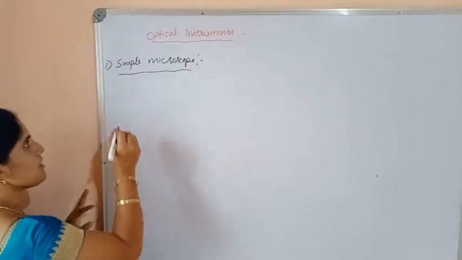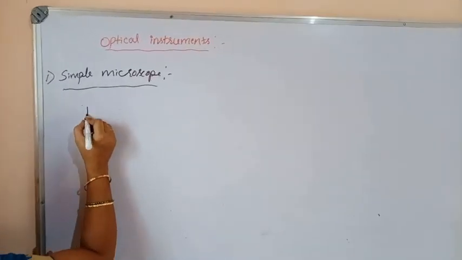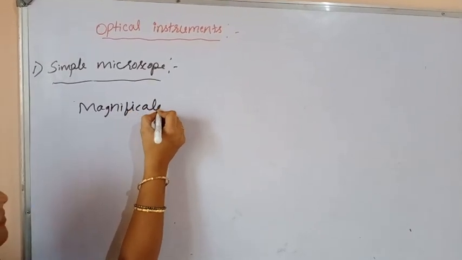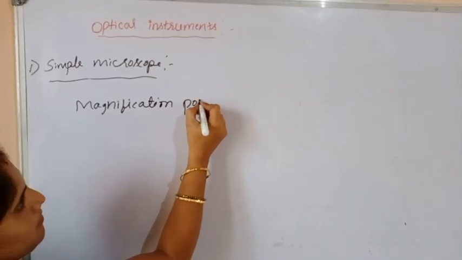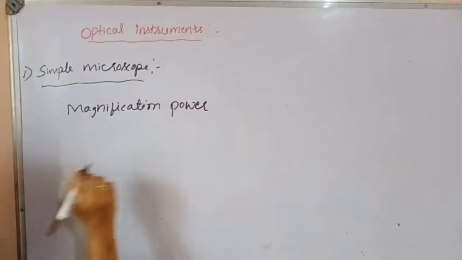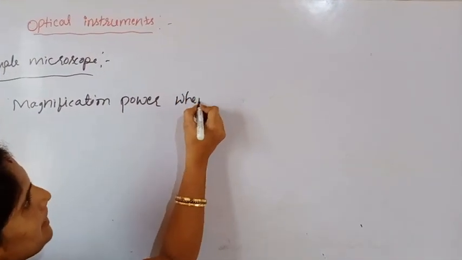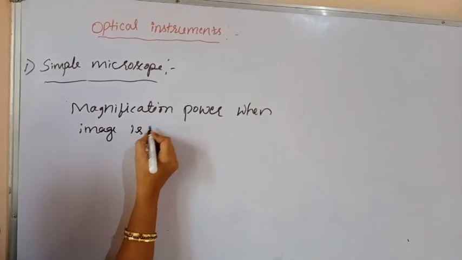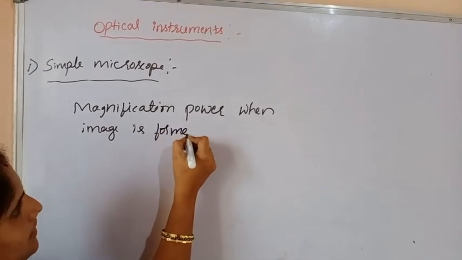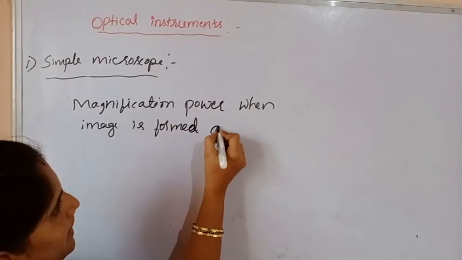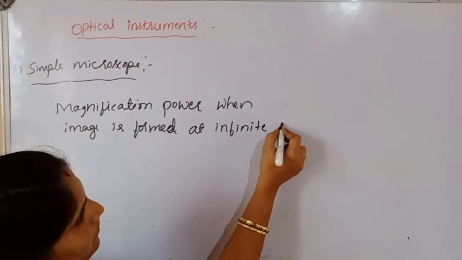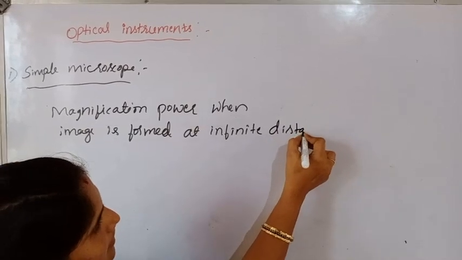But in this case, we derive the formula when the image is formed at infinite distance.